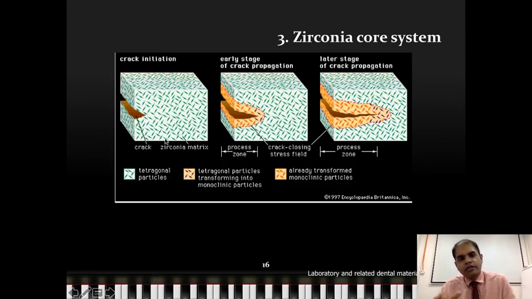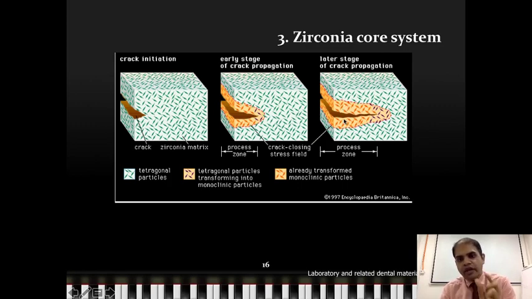What happens when there is pressure on the zirconia structure is that these tetragonal particles start transforming into monoclinic particles, and when the stress is at its peak point, this transforming particle will completely transform into the full and final monoclinic particle.